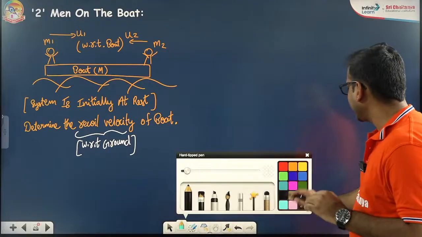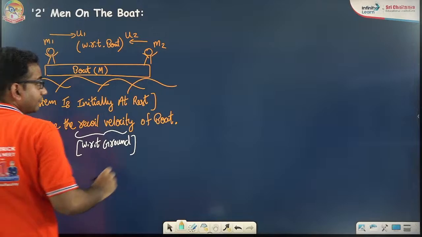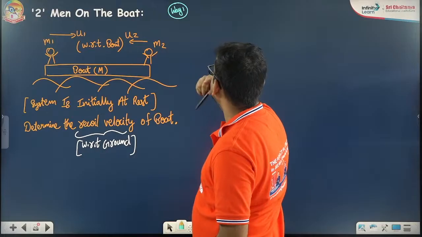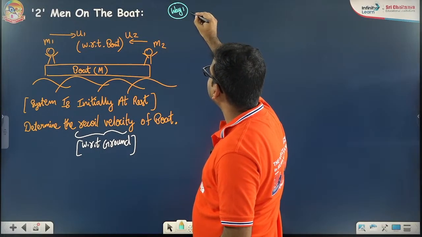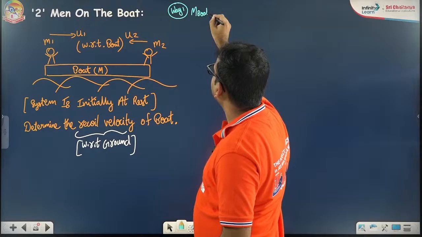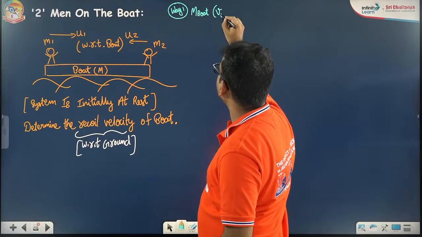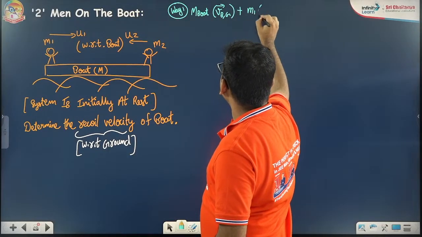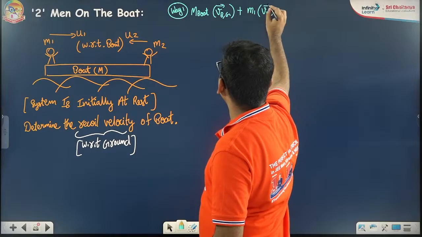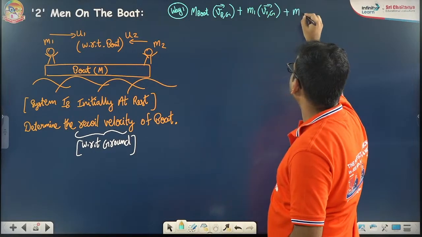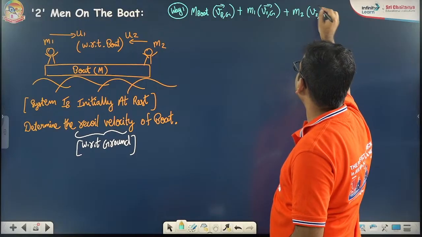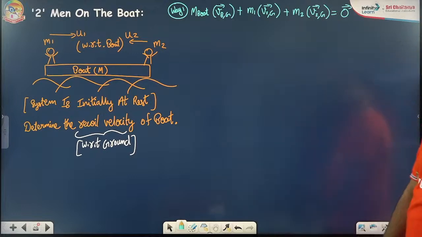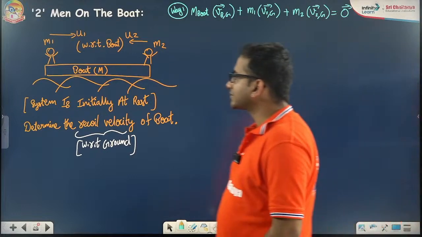So way 1 of writing it: the final momentum of the system, mass of boat into velocity of boat with respect to ground, plus mass m1 into velocity of 1 with respect to ground, plus mass m2 into velocity of 2 with respect to ground, must be equal to the initial momentum of the system, which is 0.